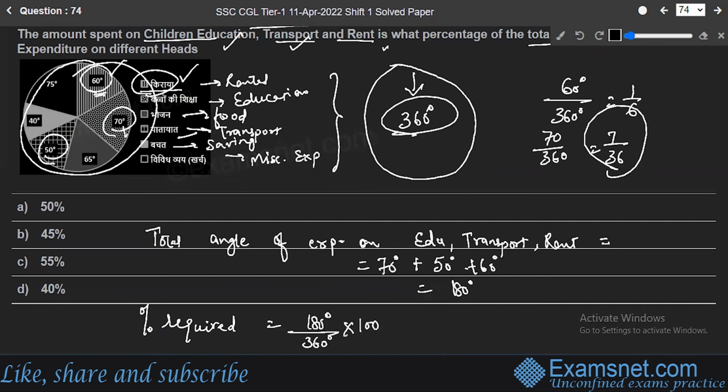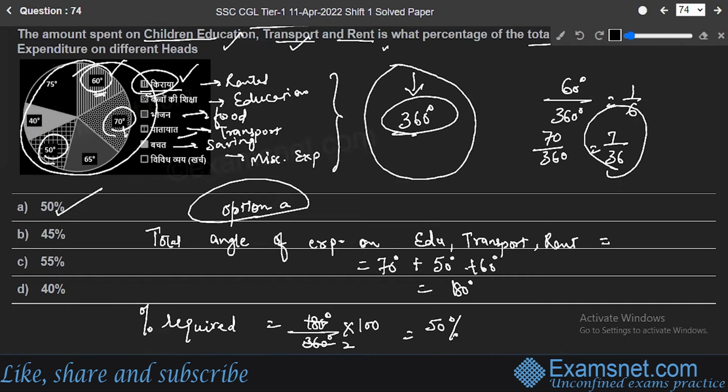If you have to find out the percentage, you have to multiply with 100. So they will cancel, 100 upon 2 gives you 50 percent, right? So this is the correct answer, 50%. The total amount spent on children's education, transport, and rent is 50% of his total income. So option A is the correct answer for this question.